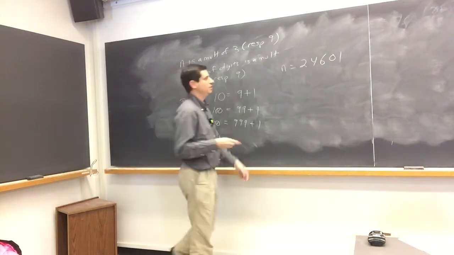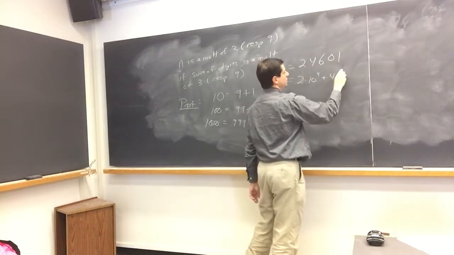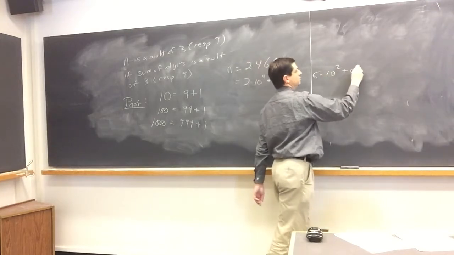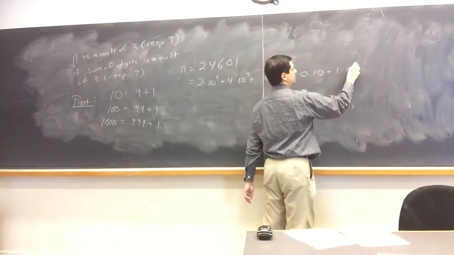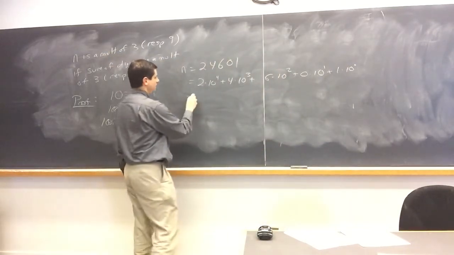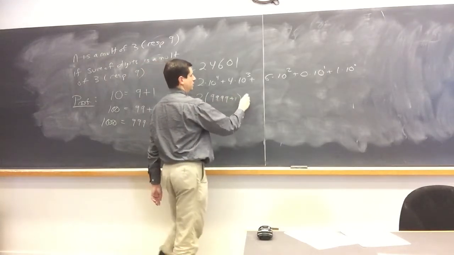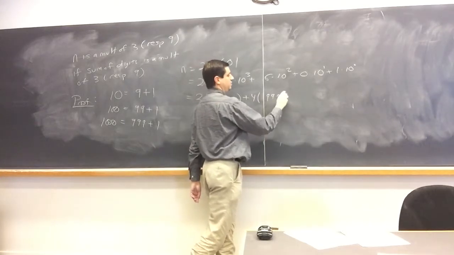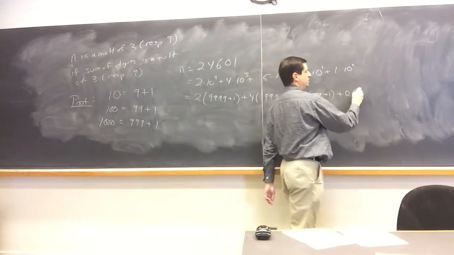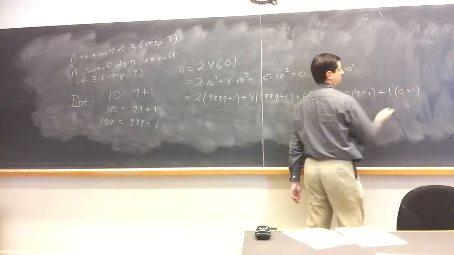Let's check and see if this number is a multiple of 3 or 9. So this is equal to 2 times 10 to the 4th plus 4 times 10 cubed plus 6 times 10 squared plus 0 times 10 plus 1 times 10 to the 0. And so now if you look at what's going on, this is equal to 2 times 9999 plus 1, plus 4 times 999 plus 1, plus 6 times 99 plus 1, plus 0 times 9 plus 1, plus 1.